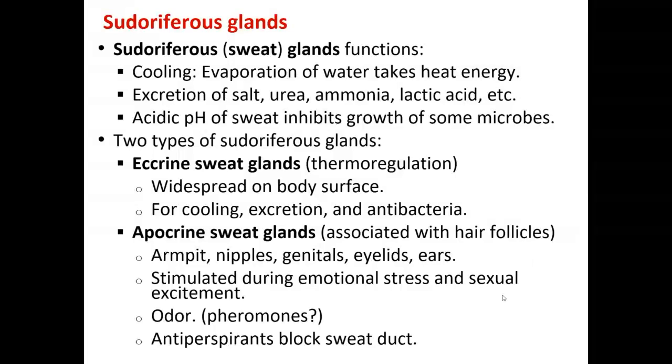So the question there is, do humans have pheromones? In other animals, they're airborne chemicals, odors that an animal releases to have some kind of effect on other animals, like when a female dog goes into heat.